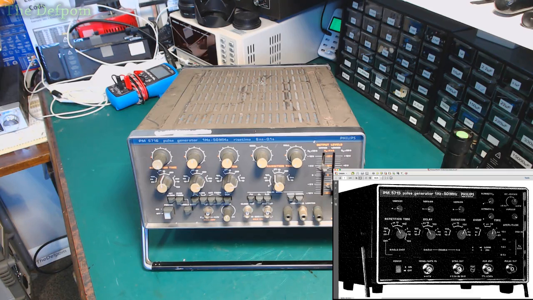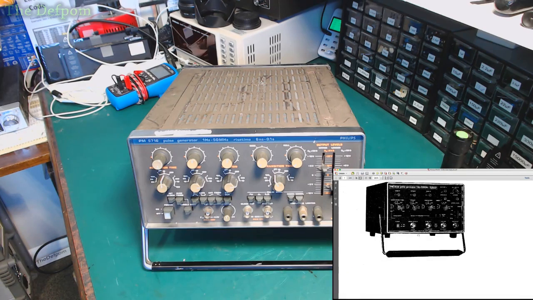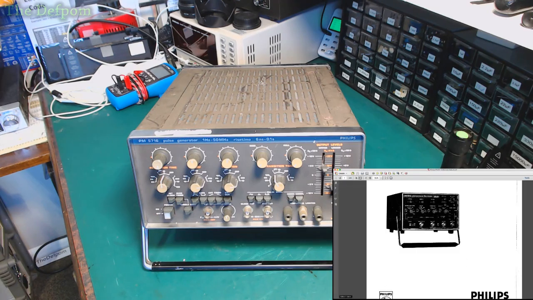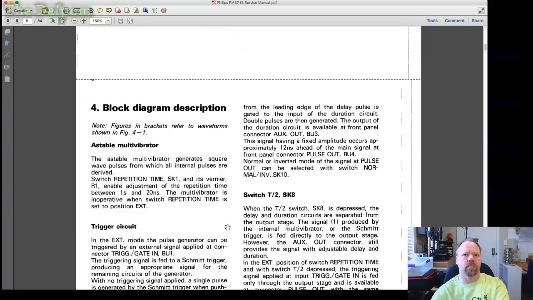So it's not necessarily the same circuitry inside. It might be the same board, just wired up differently. I doubt it. I'm hoping there are enough similarities that I can just skim through.